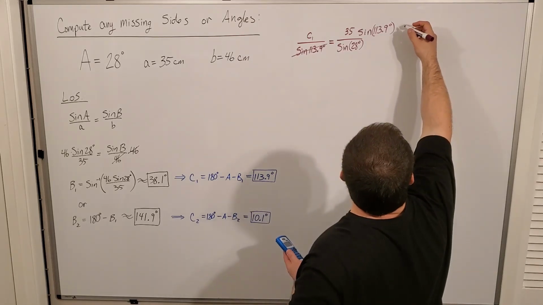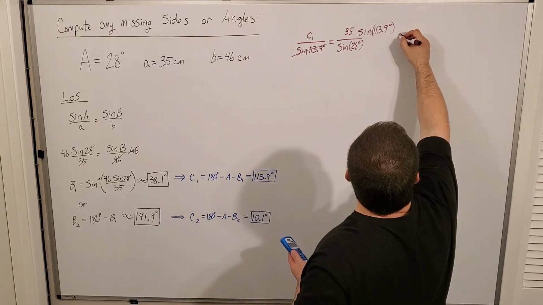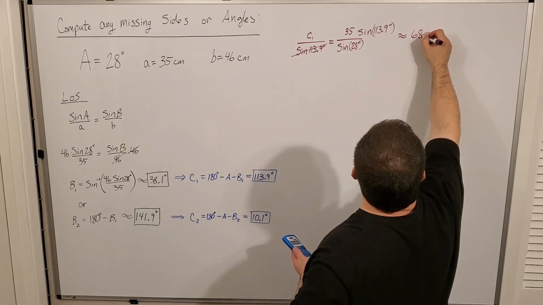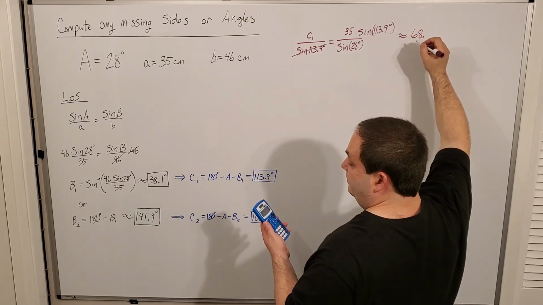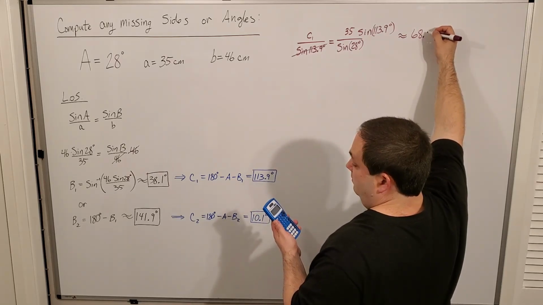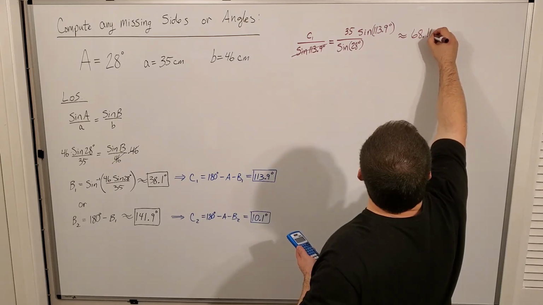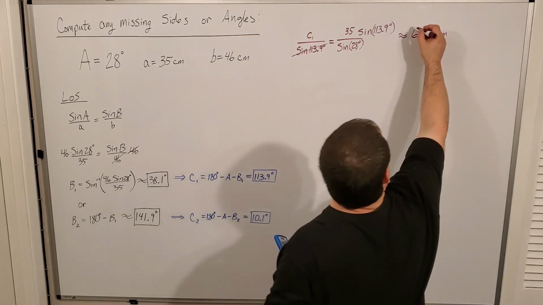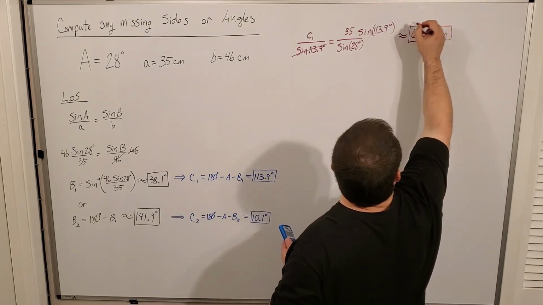I have that this is approximately equal to 68. It's 0.15, 0.16 if you round it that way. I'm going to leave it like that, 1/6. And that's in centimeters. Okay, so that's one of my answers.